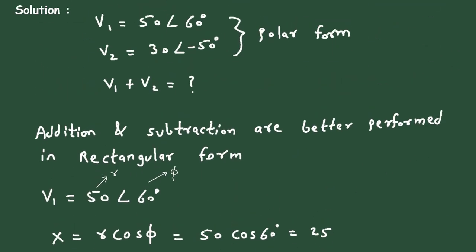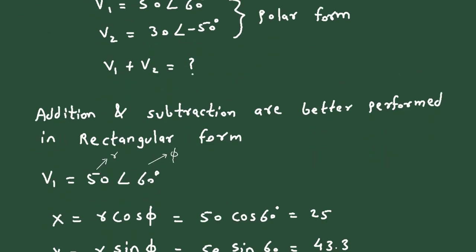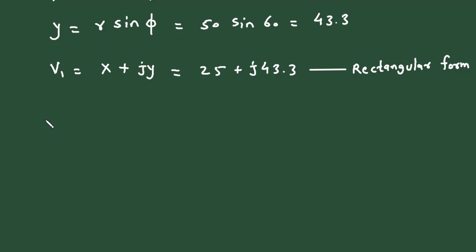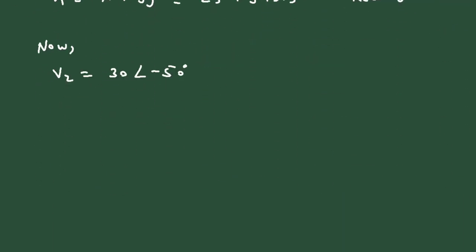Now, similarly we will do this for voltage V2. So, voltage V2 is equal to 30 at an angle minus 50 degree. So, again this is in polar form.